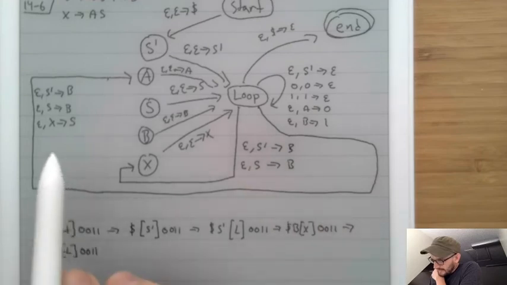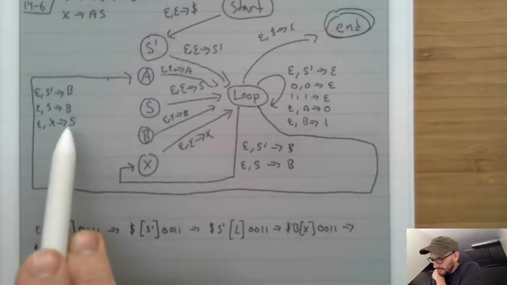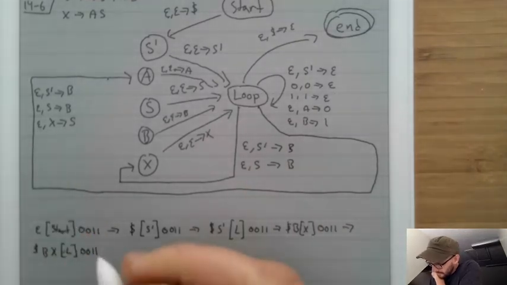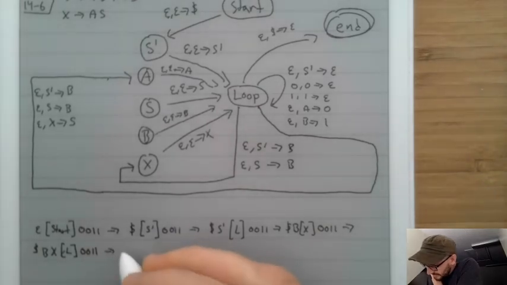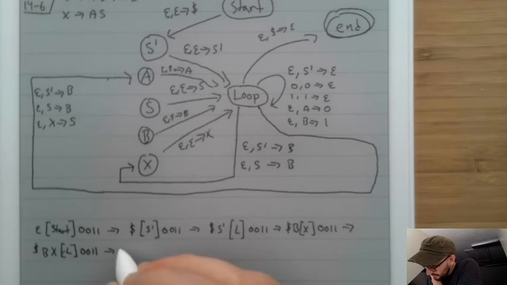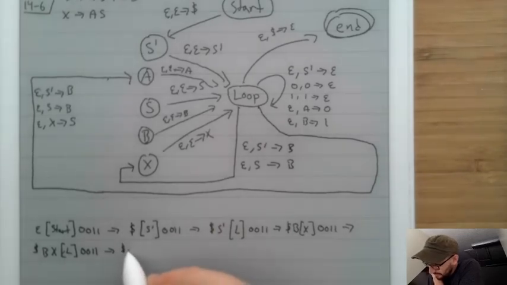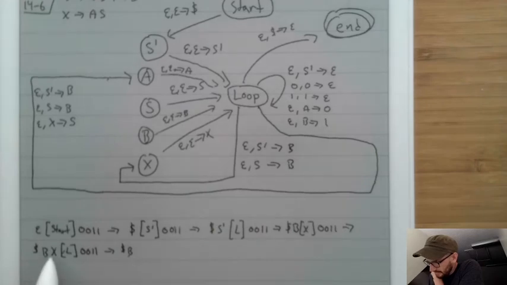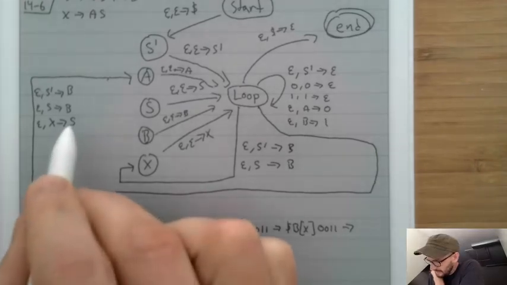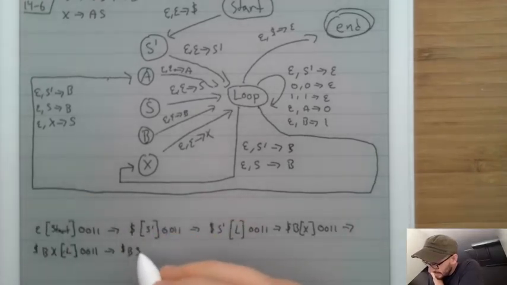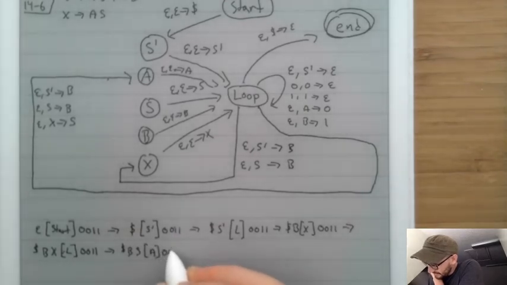So if there's an X, that means that the only rule that can be followed is this one right here. So that one, what it does is it pushes on. So we have B, because we have the $B, and then that X has been replaced with S. And then we are now in the A state, and we have 0, 0, 1, 1.